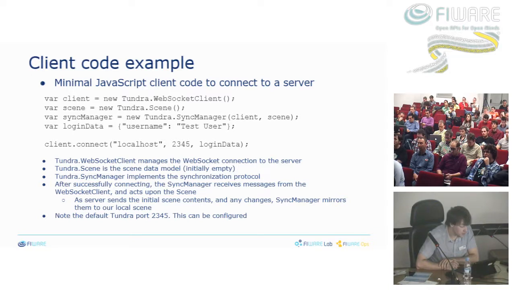The minimal JavaScript client code could look like this. You have a couple of lines of JavaScript code to create your client and retrieve the scene, and then connect to the server using your login data and so on.